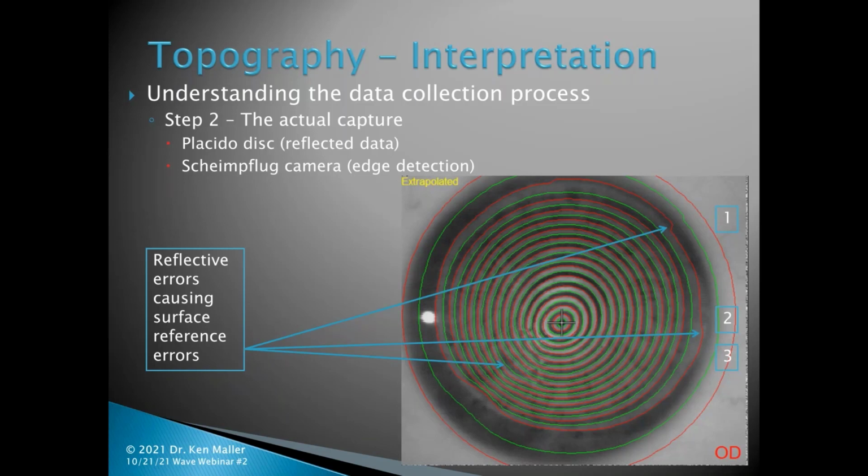Number 3, you could see where that widened area has created something a little unusual there for the ring image. Number 4, that's that pinched area, and the green and the red have sort of bunched up together. And there at number 5, you could see again another bunching up of the rings, all because of those reflection errors. And then, of course, we have imaginary data out here because we didn't actually capture any data.